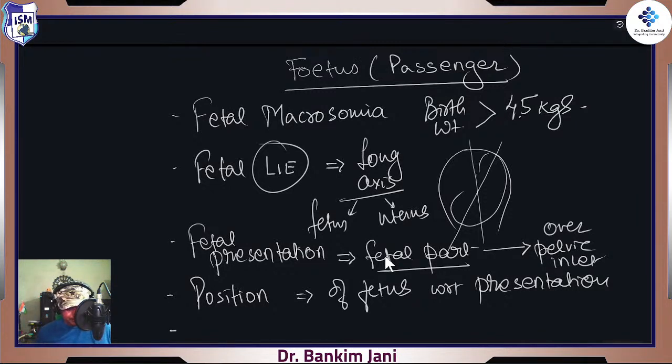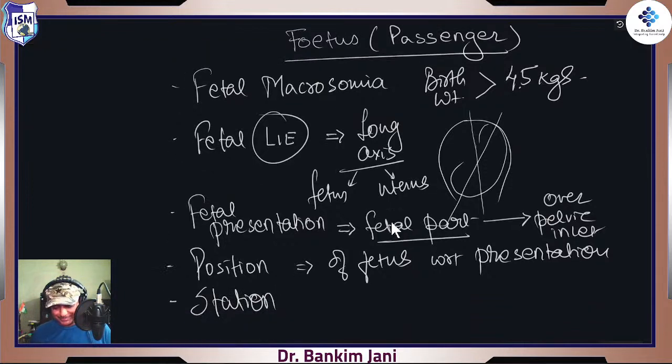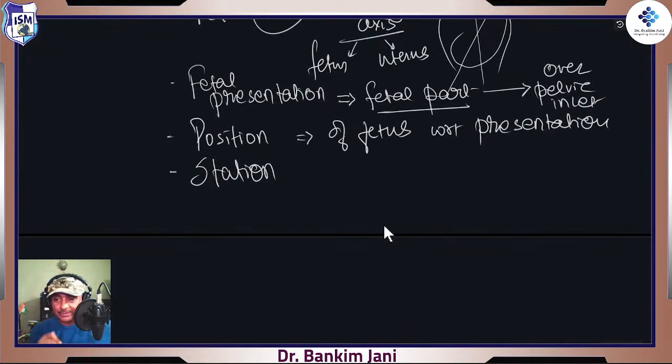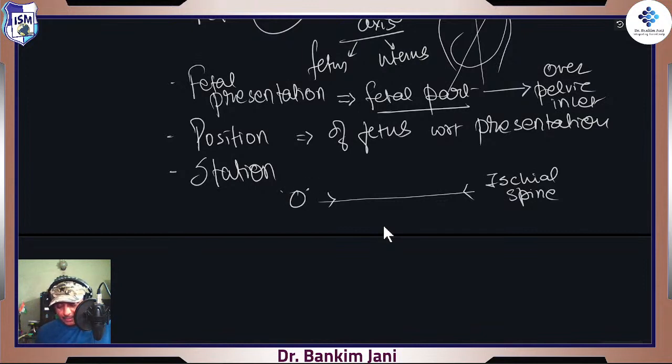And then, as we called him passenger, there would be station. These stations are, now you know, about the ischial spine. You draw a line, and this is station 0. Above, they are minus.